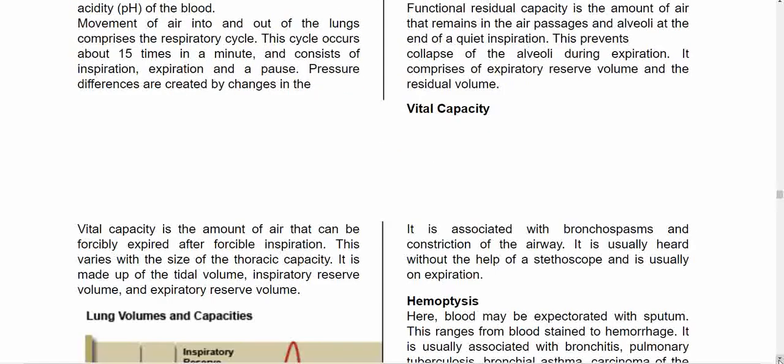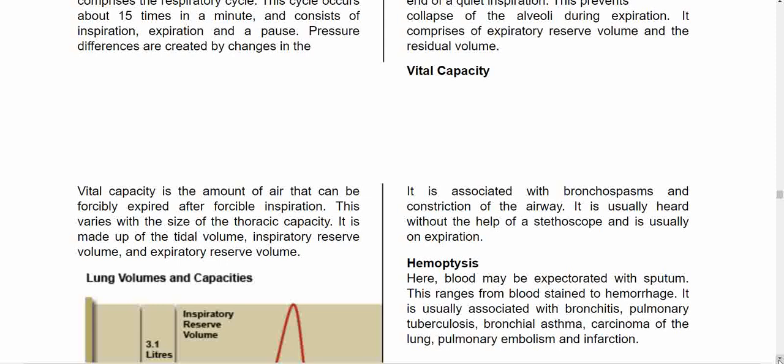Vital capacity was the next thing, and the vital capacity is very key. It is the amount of air that can be forcibly expired after forcible inspiration. This means that after you force yourself to inhale, what you give out forcefully again is what we call the vital capacity. This varies with the size of the thoracic capacity.